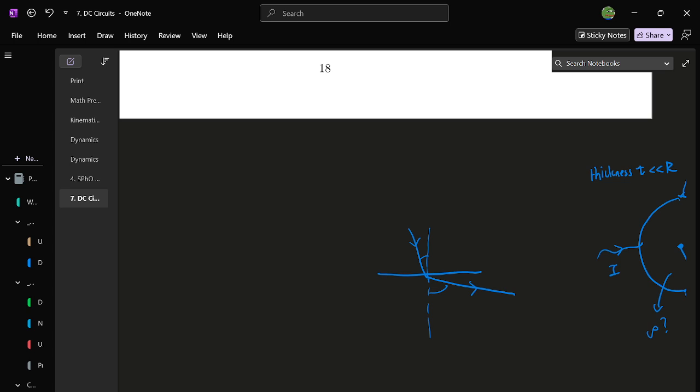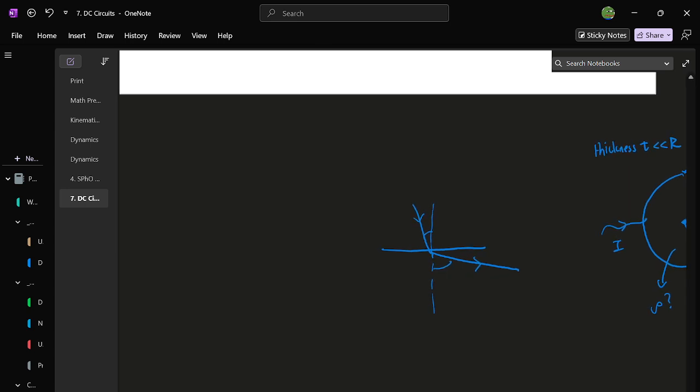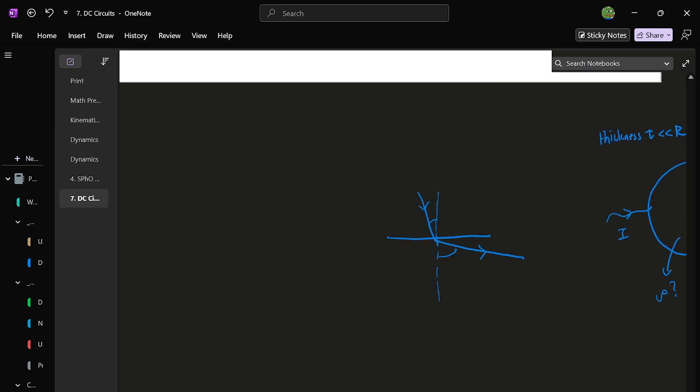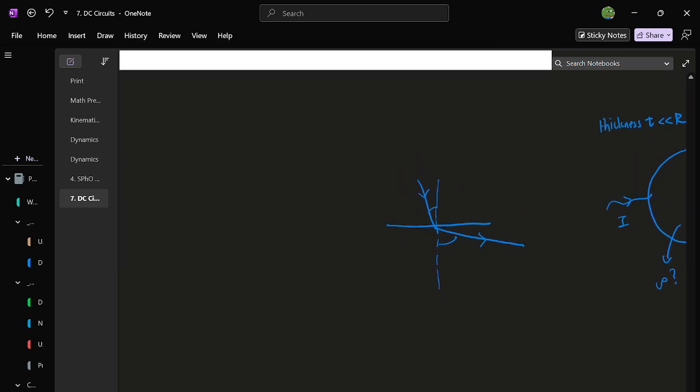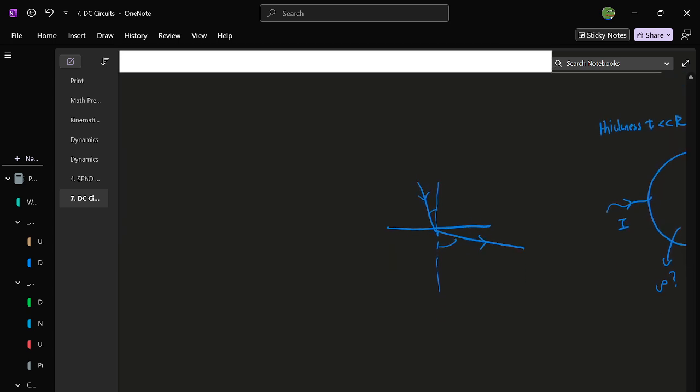Wait, what do you mean calculate the interaction? The force between... wait, not really image current, right? This is just the induced current density on it.